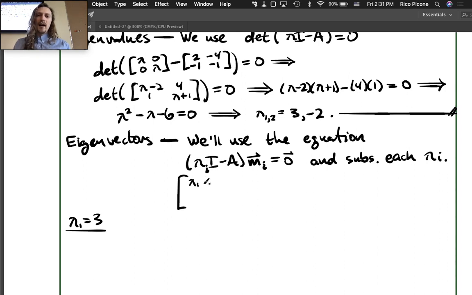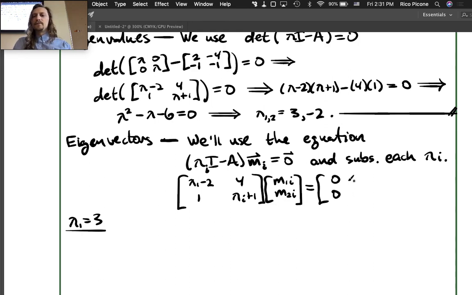This is lambda I minus 2, 4, 1, lambda I plus 1, times the eigenvector. So this has components. I'll add a subscript. The first subscript will be the row and the second will be which vector it is. So m1i, and the second one will be m2i, for eigenvector i, and this has to be equal to 0, 0.